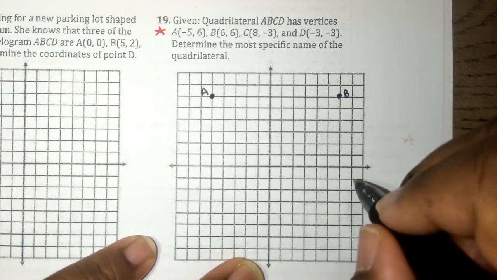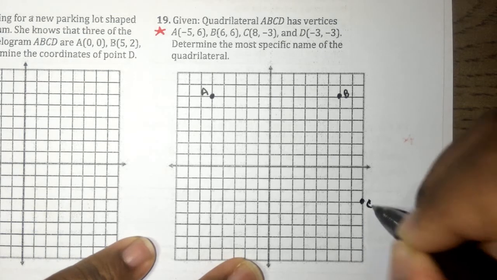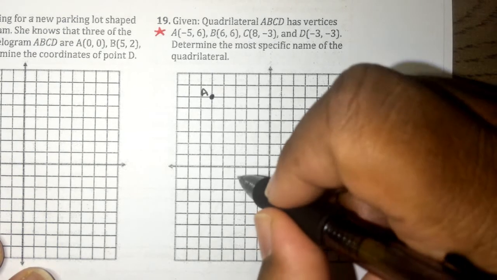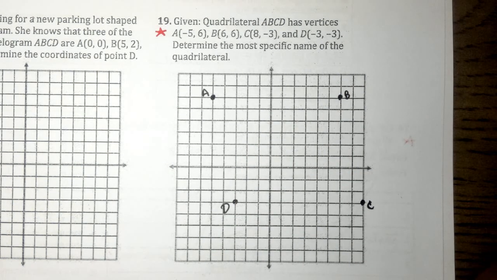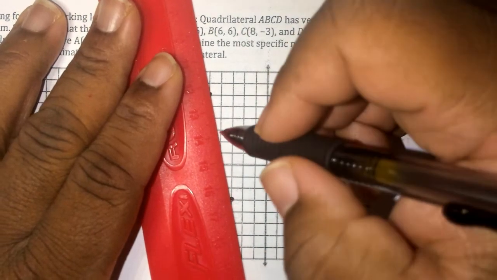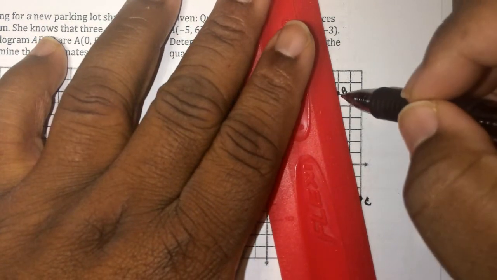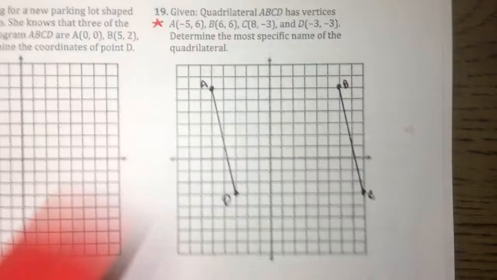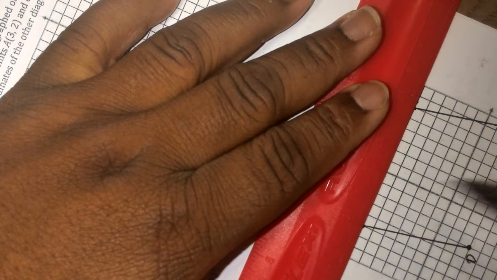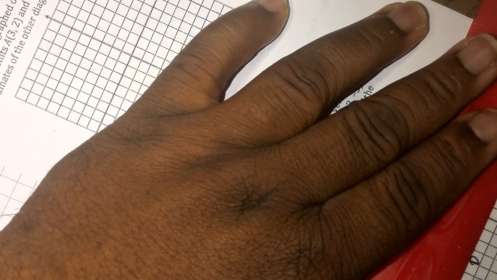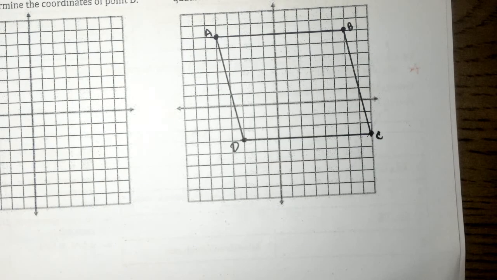We got 8, negative 3. We got negative 3, negative 3. Alright.